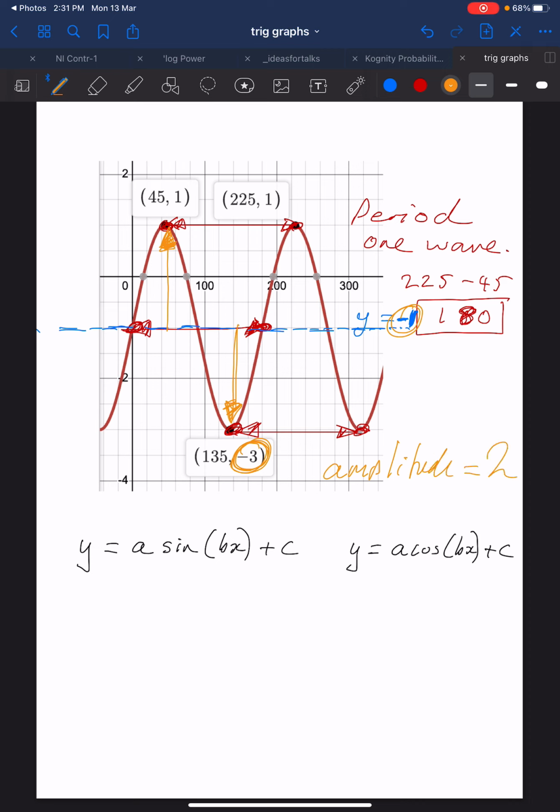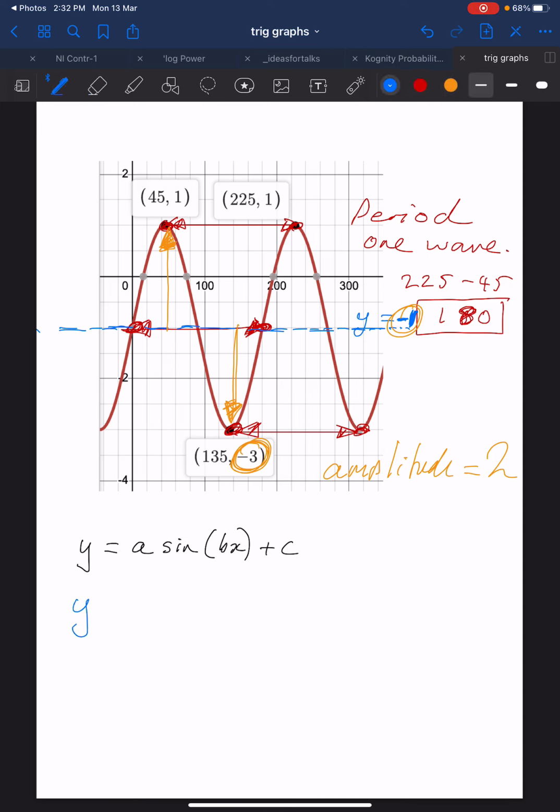Now we can put all of those pieces into the model, and this will help us find the A, B, and C. Because the graph starts on the y-axis in the middle, it is in fact a sine graph. So we are going to do away with cosine, and we are going to work with the sine graph only.